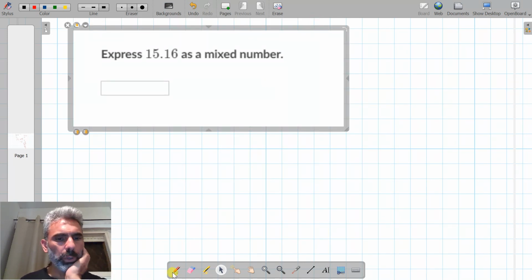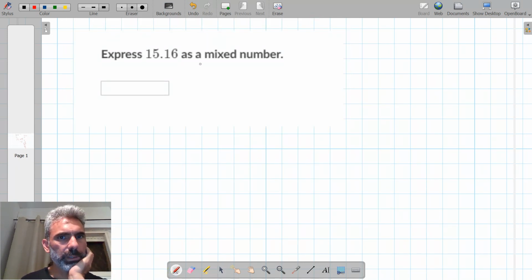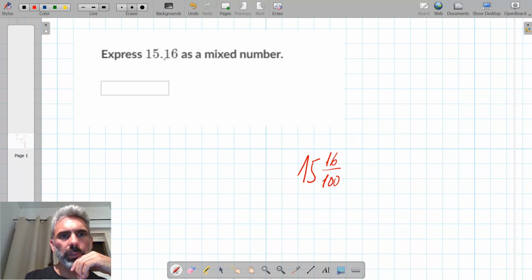Express 15.16 as a mixed number. Okay, so it is 15 and 16 over 100, because we have 16 hundredths. The 1 is in the tenths place and the 6 is in the hundredths place, so it's 16 hundredths, and we can simplify this.